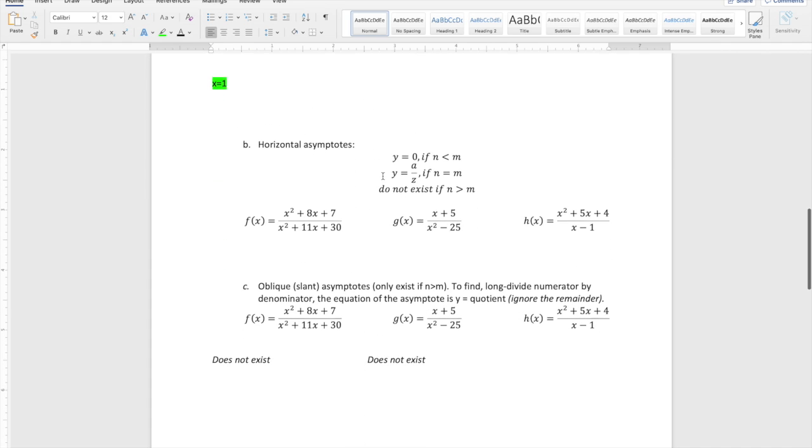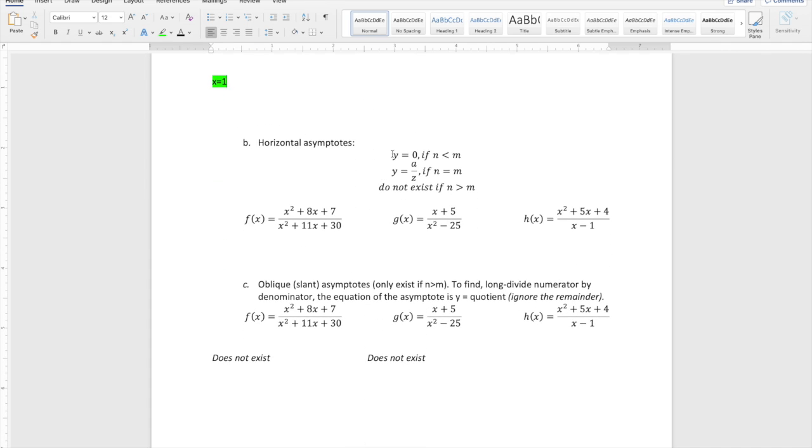Now let's move into horizontal asymptotes. For horizontal asymptotes, there are these three rules. Depending on what your function looks like, you will have a specific horizontal asymptote, or you may not even have an asymptote. So to determine horizontal asymptotes, you need to remember what these letters mean, the N, the M, the A, and the Z, because depending on those, you will be determining what your horizontal asymptote is, and if you even have one.